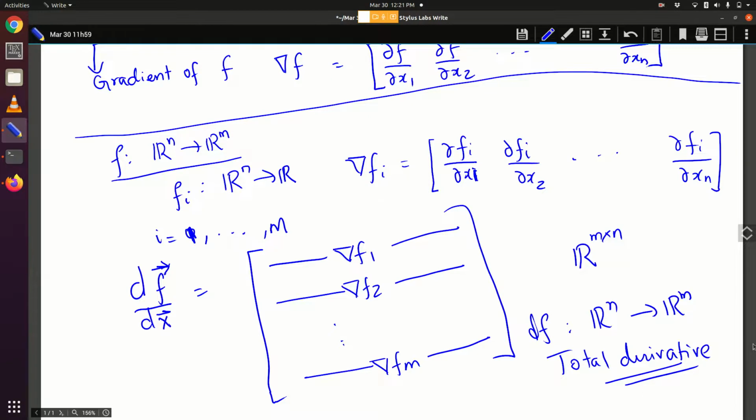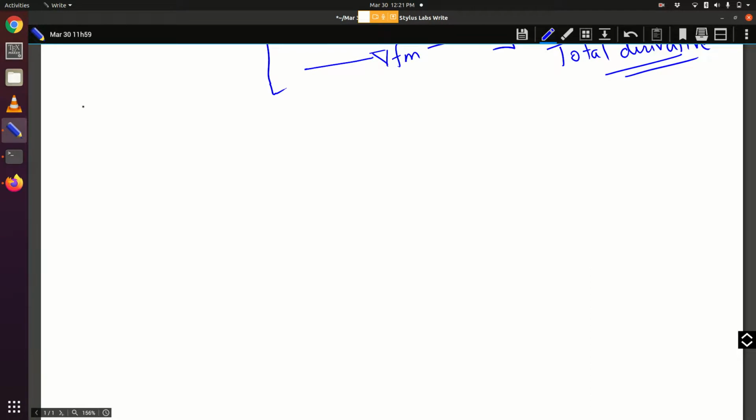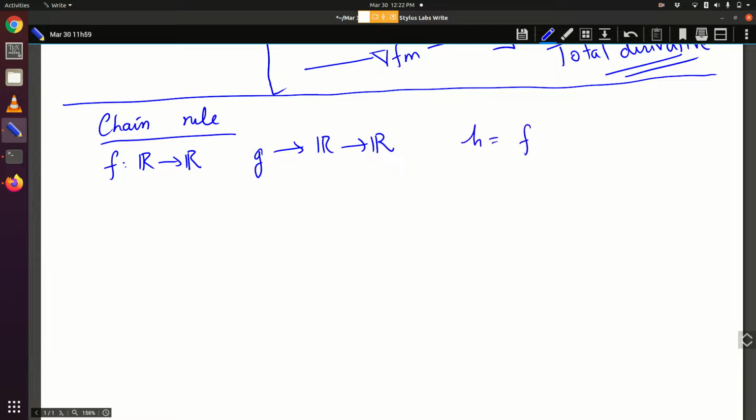Okay, now let's talk about the next important thing that we will need, which is called the chain rule. Let's say you have a function f from R to R, and then you have g which is R to R. Then you have some h which is f of g of x.